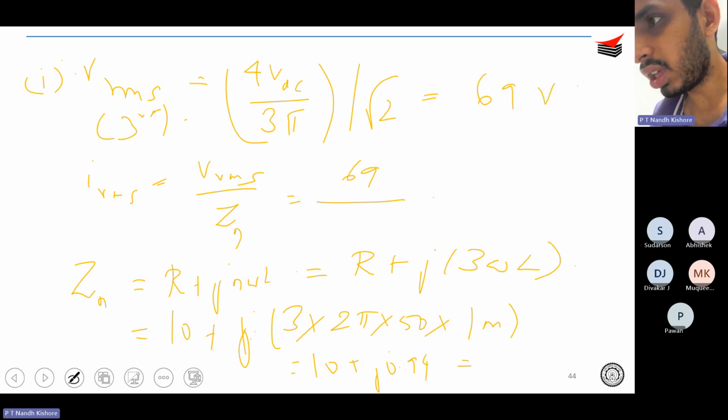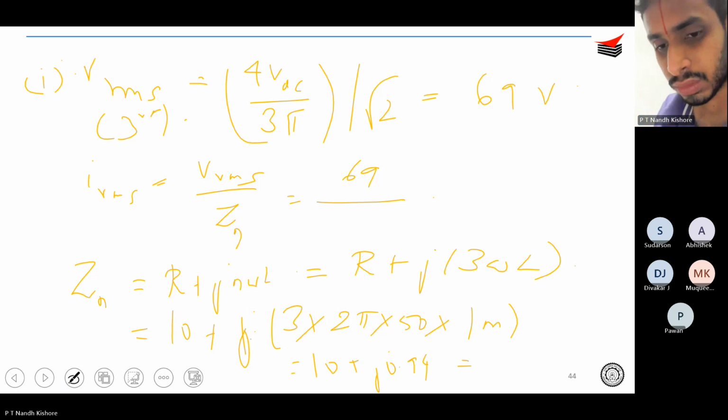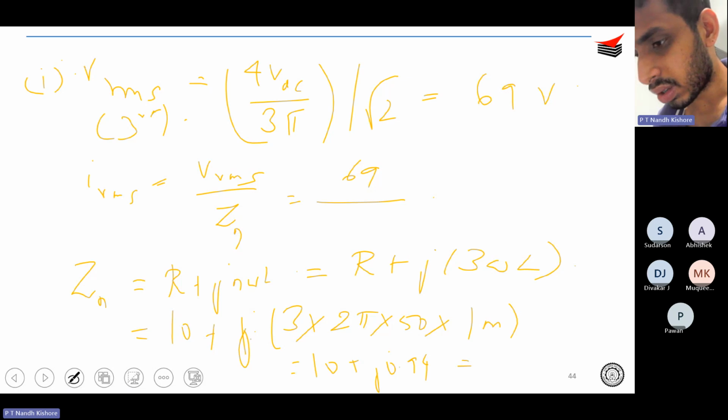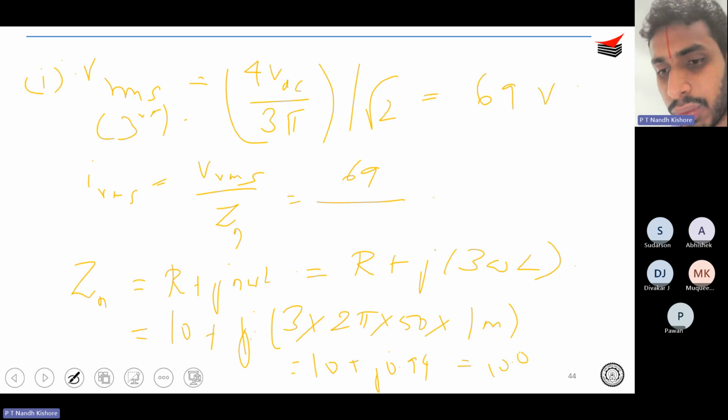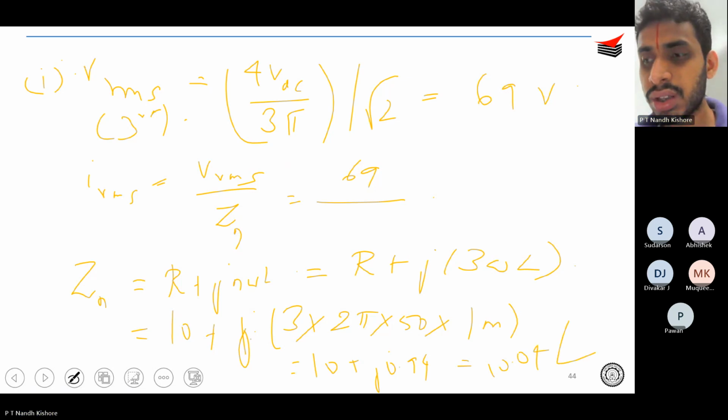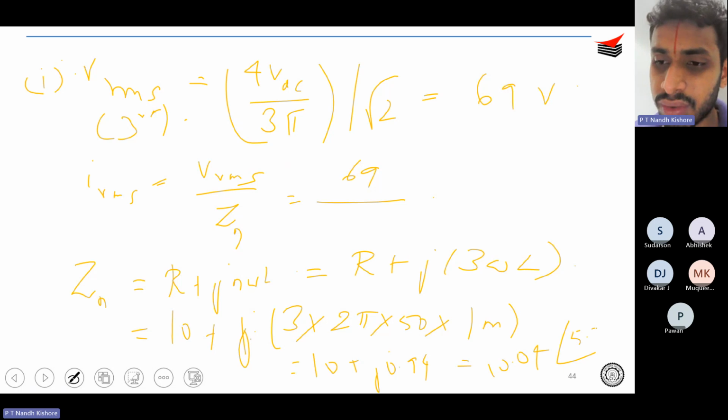It is going to be 100 plus 0.8836, 100.8836. If you take the root of that, you're again going to end up with 10. So it is almost going to be 10.04. And what's the angle? It's going to be 5.35. That's the angle. Okay, so this is your Zn.